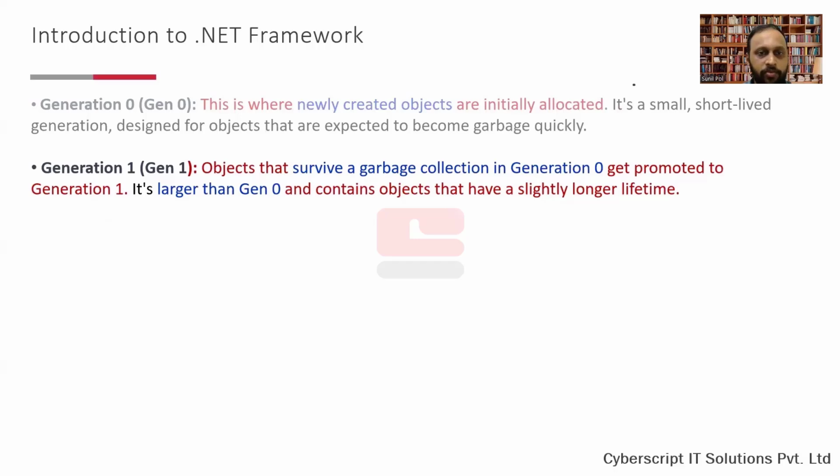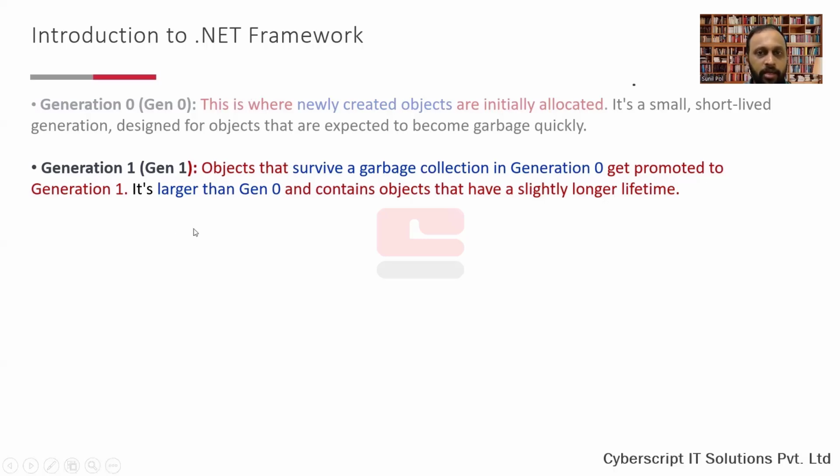The next generation is generation 1. Objects that survive a garbage collection in generation 0 get promoted to generation 1. It's larger than generation 0 and contains objects that have a slightly longer lifetime. Suppose an application is running on the system which calls multiple methods. Once a method performs its task, all the local variables stored in stack memory and the reference variables on the heap memory, once the execution is done, those objects would be deleted by the garbage collector from generation 0 only.